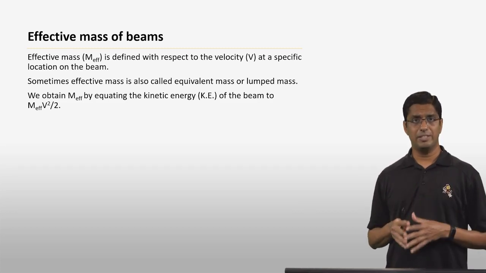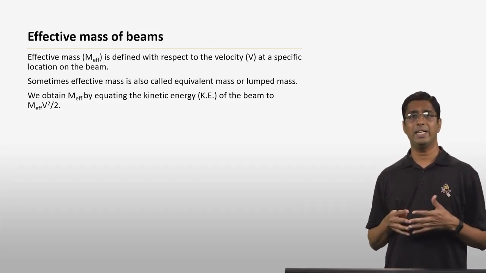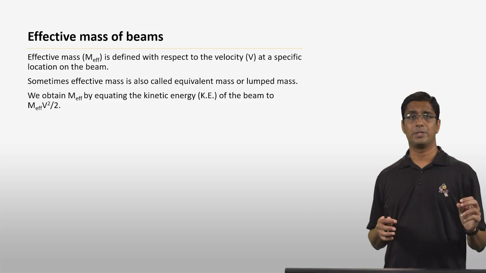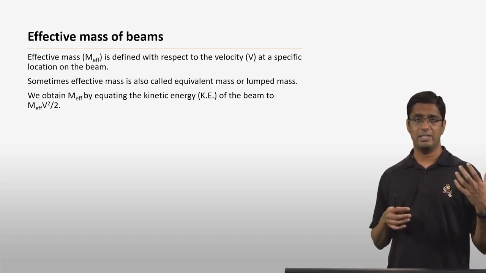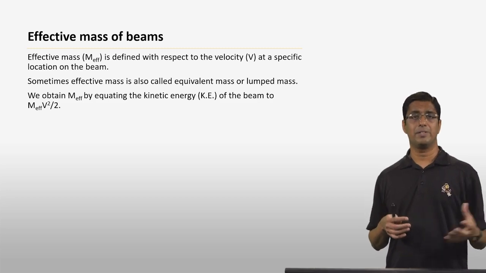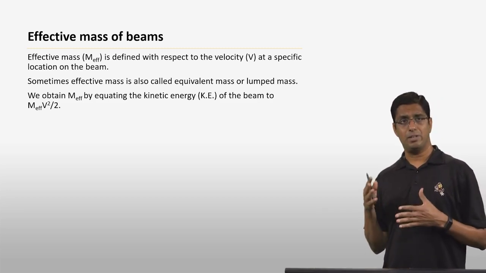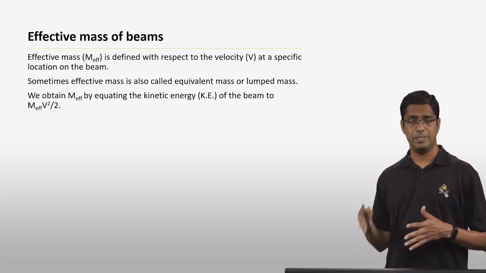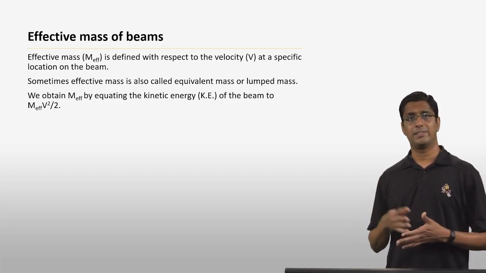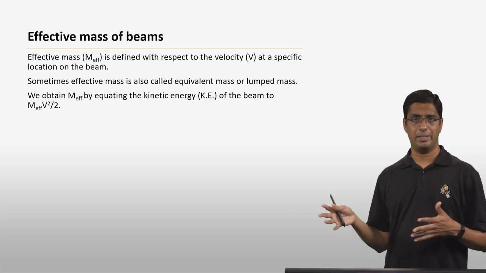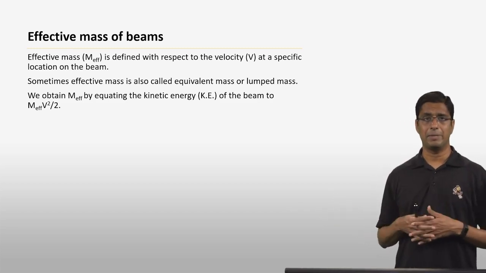Okay? So the effective mass is also similar in that way. It is defined with respect to the velocity at a specific location. So velocity already has the direction built into it. So in some sense, the effective mass is also defined for a specific location and a specific velocity. Okay? It is not something that you can define arbitrarily. Okay? So that is something that you must keep in mind.